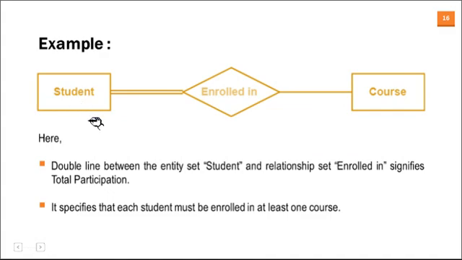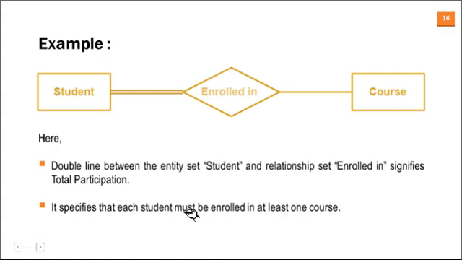If there are 10 people, not all 10 people are my students. If they are enrolling, meaning they are participating in this relationship, then those persons are students. So the entity set student consists only of those participating, that is enrolling in a course. Otherwise the entity set student will not consider all the persons.